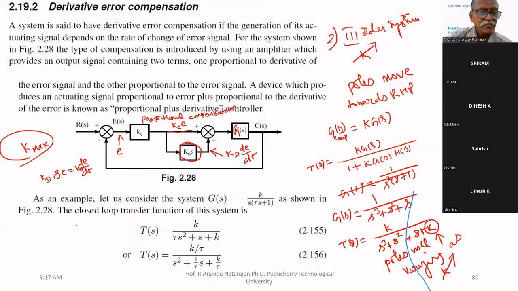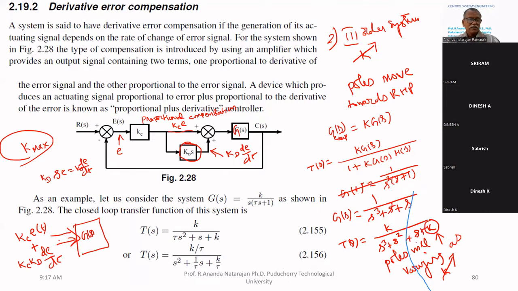The input to the system is Kc times e of t plus Kc times Kd times d by dt. This path will give derivative of error. These two are added together.